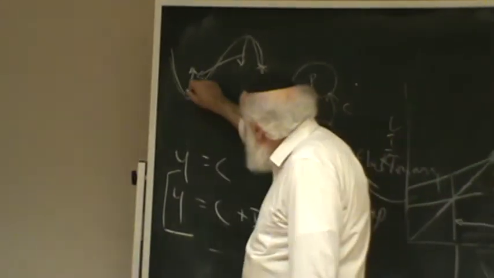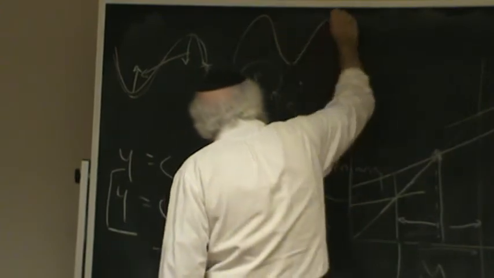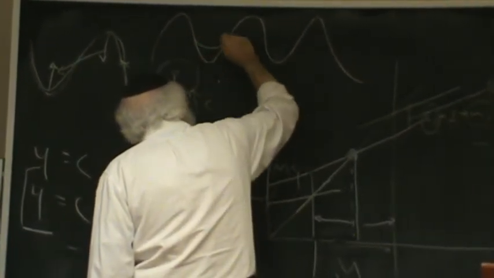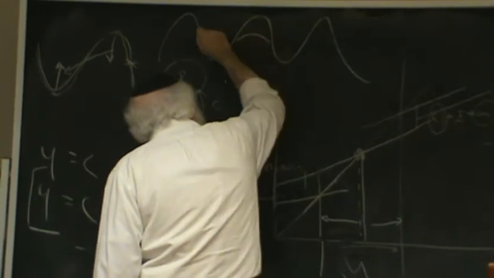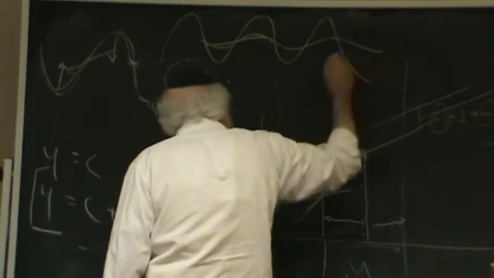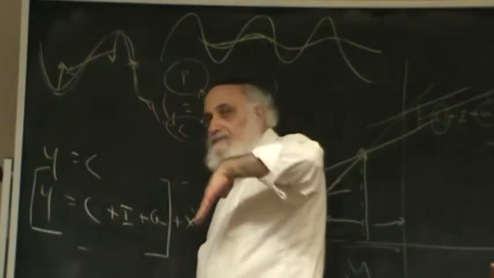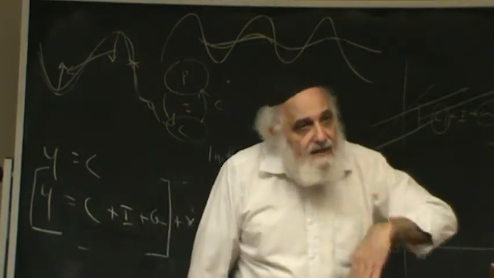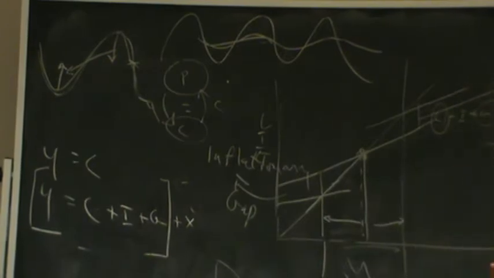So the whole point of Keynes is that during the recession, instead of having the cycle go up and down like this, you bring it up, and during the inflation, you bring it down, so the cycle is not as severe. You stabilize the cycle.